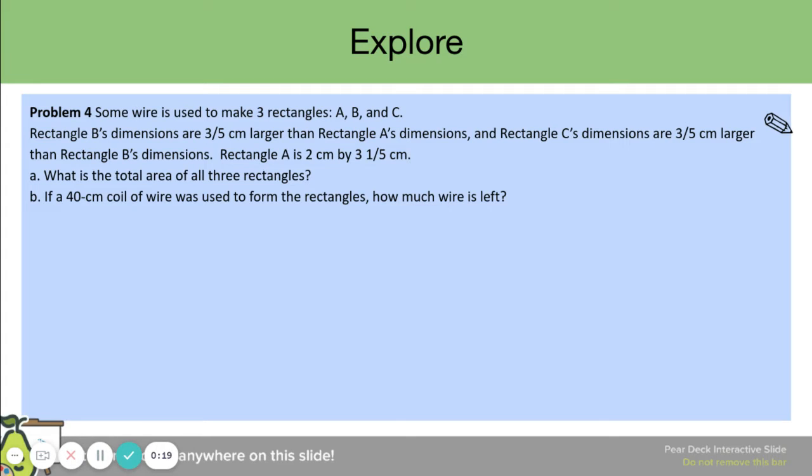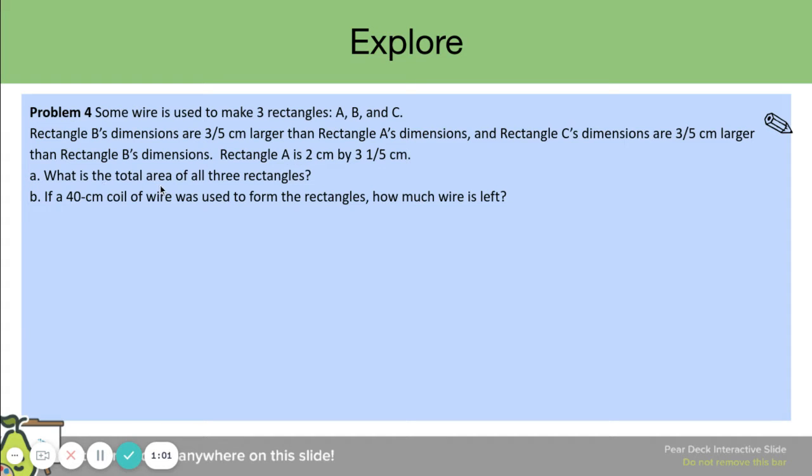Now, in the last video, we took the information that was presented in the first part of the problem and used it to figure out the dimensions of rectangle A, rectangle B, and rectangle C. We were able to do all of that just based off of this piece of information that they provided for us about rectangle A. This is one of the key components that we needed in order to even figure out the dimensions of rectangle B and C. So now we're on to the next part of the problem.